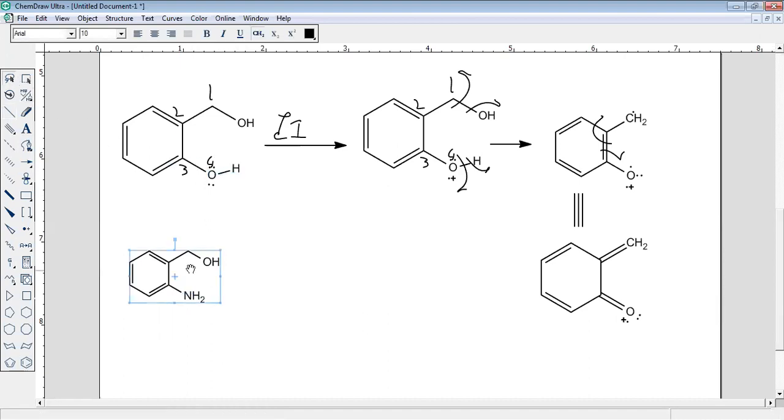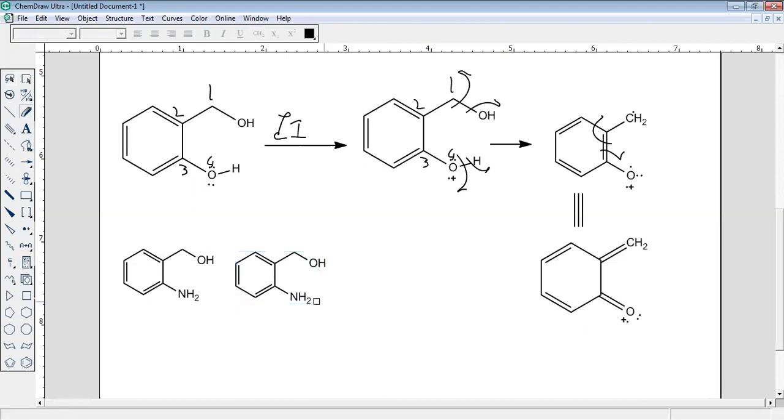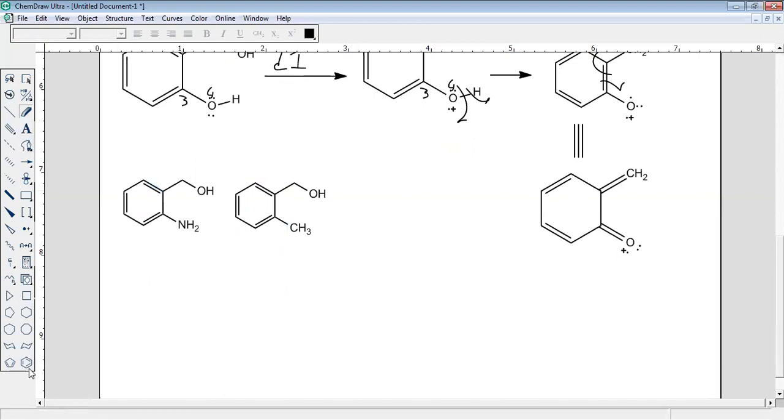One more example, you can go for ortho-methyl benzyl alcohol. There is a loss of hydrogen here. Similarly, if you go for benzoic acid, just make it like this.